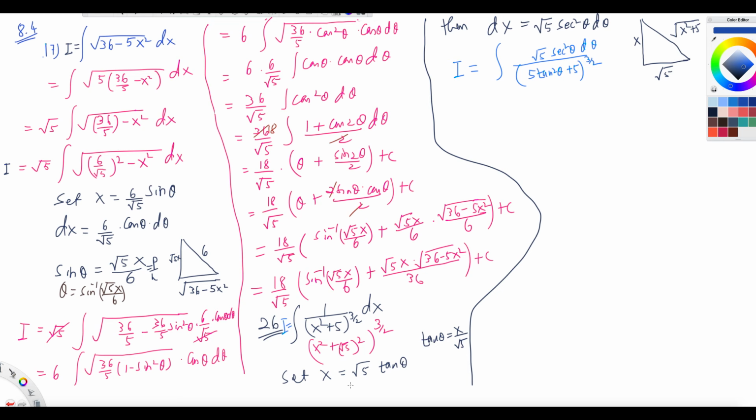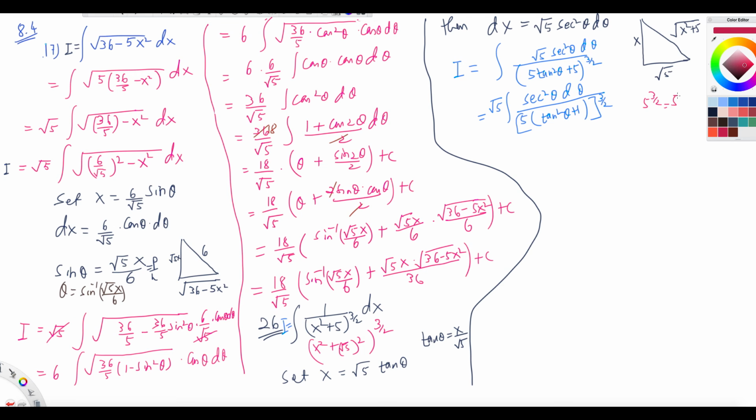Let me take 5 out. What do you get? Integral of root 5 secant square theta d theta divided by, taking 5 out, tangent square theta plus 1, but whole that is to the 3 half.